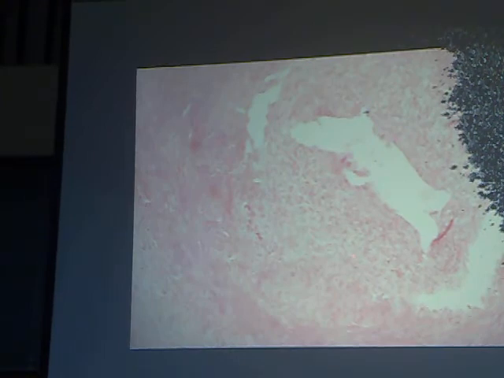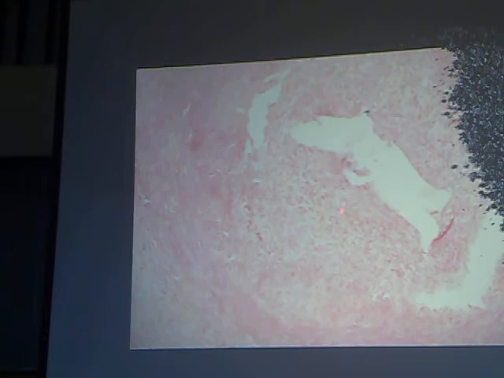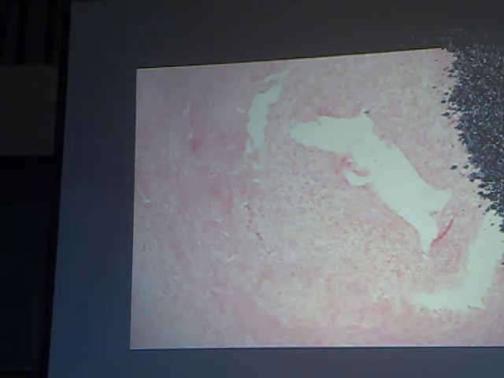If this is chronic granulomatous inflammation, what type of hypersensitivity reaction is involved? Type 4. Okay, on low power magnification, that is the abnormality you should be able to identify: narrowed lumen with thickening of the subintima because of chronic granulomatous inflammation.